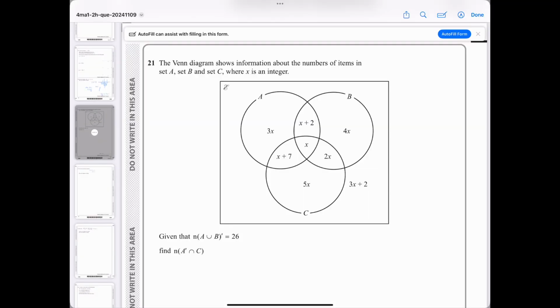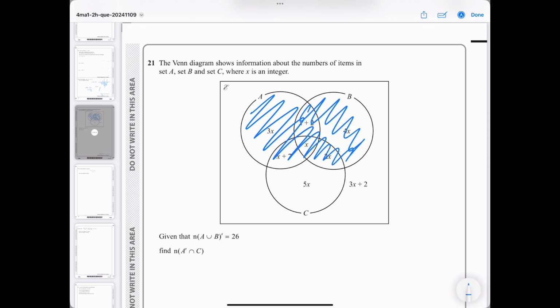Information about the numbers of items in A, B, C, and X is an integer, given that n(A union B) does not equal 26. So what it's basically saying is that everything in this bit and this bit isn't important. What it's actually saying is 5x, so whatever's in the rest of C, plus everything on the outside.